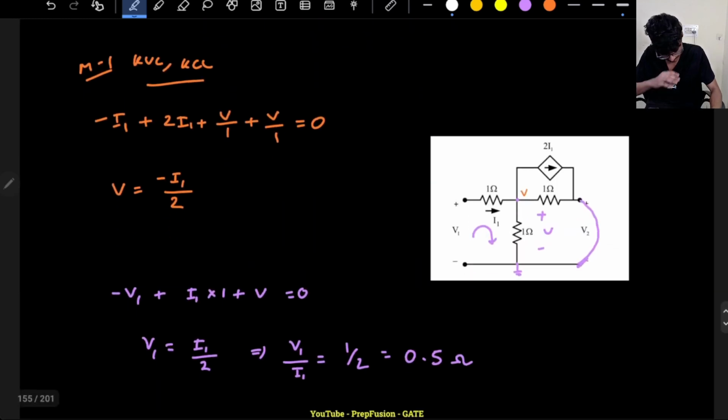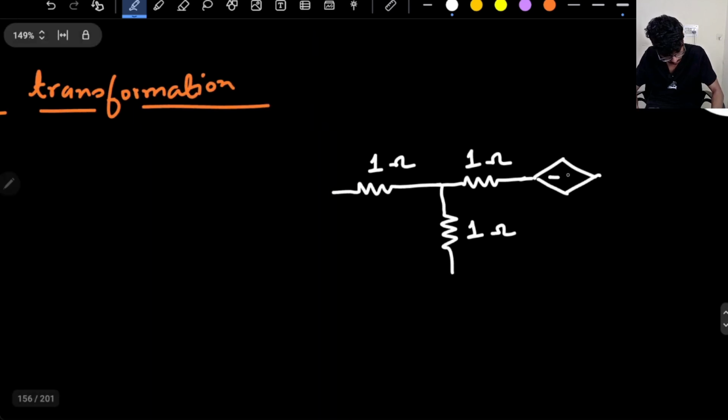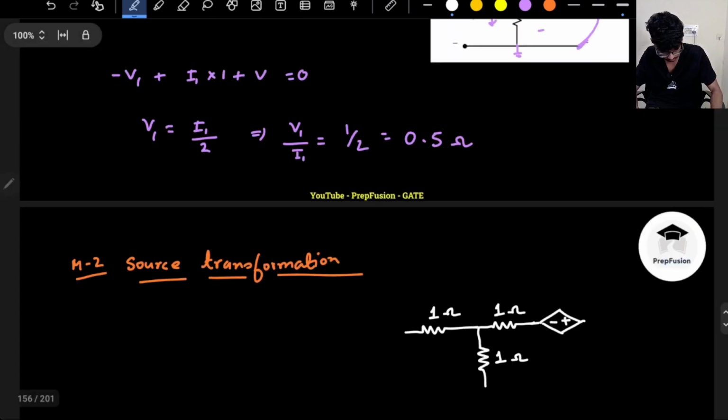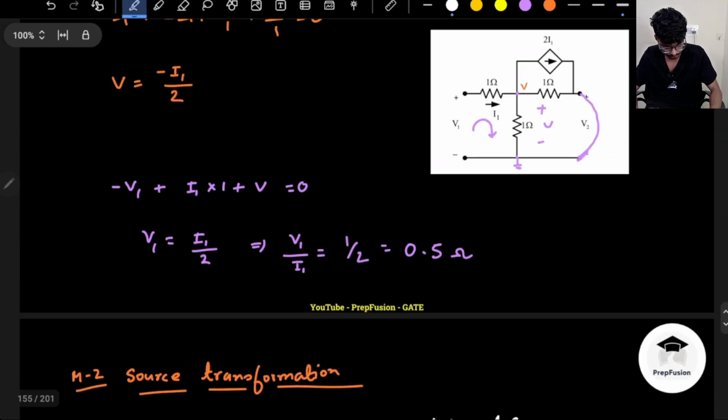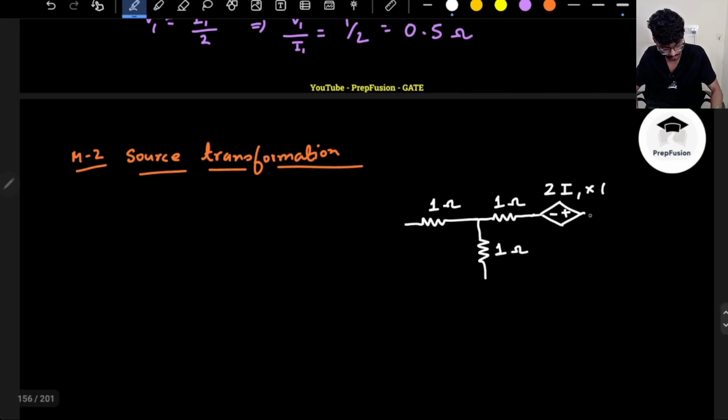And the right hand side, this will become 1 ohm, and this will be the voltage source 2I1 into the resistance, that is 1 only. That does not matter, it is 1. So now you can easily find it out in one shot.